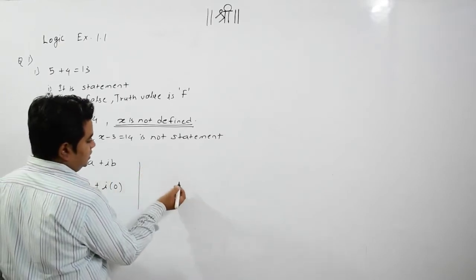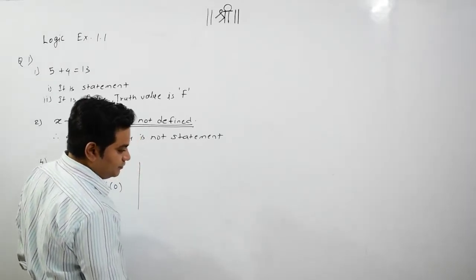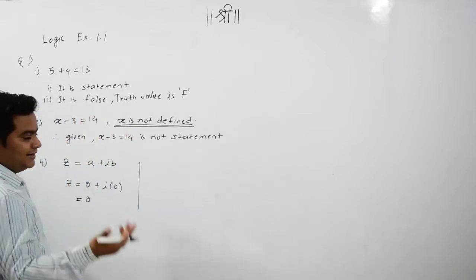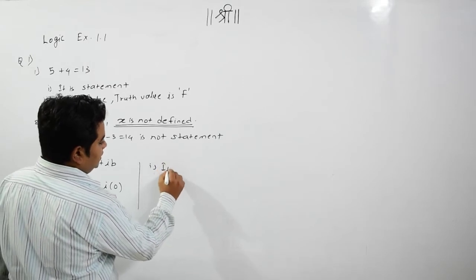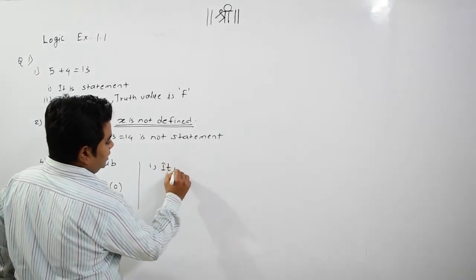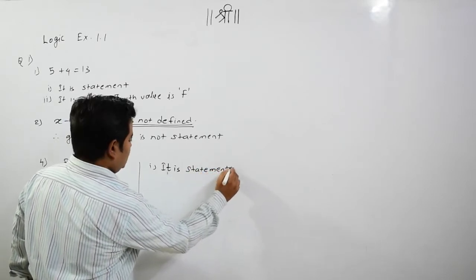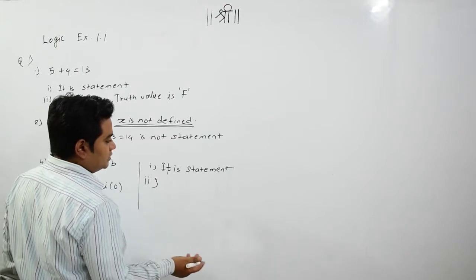So 0 is a complex number, and it has some information and it is a declarative statement, a declarative sentence. Therefore, it is a statement. So the first point is it is a statement. Next part: is it true or false?